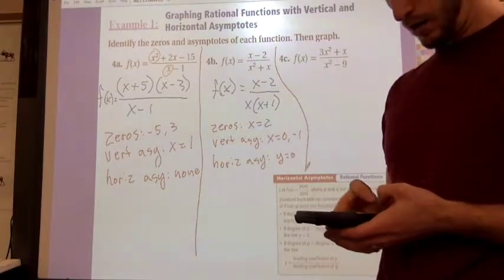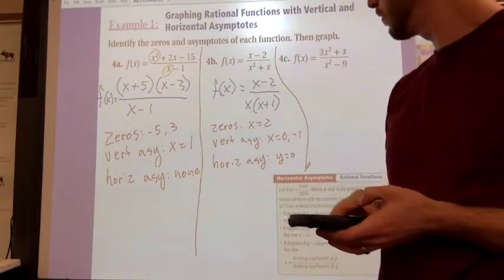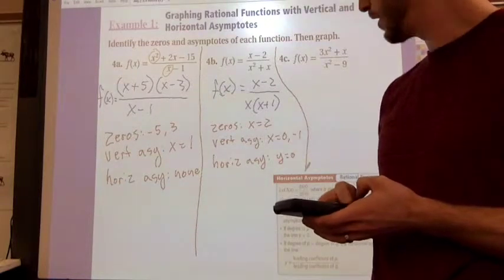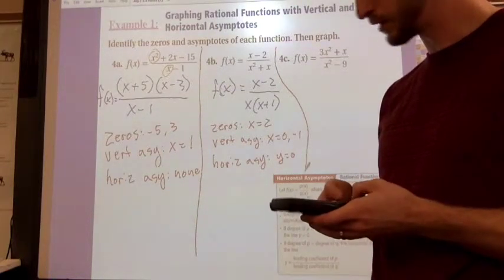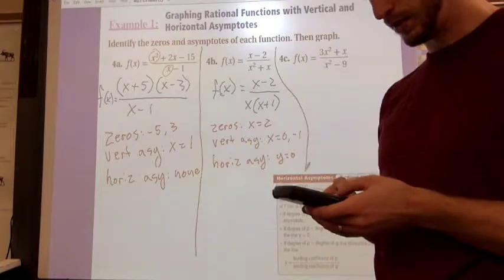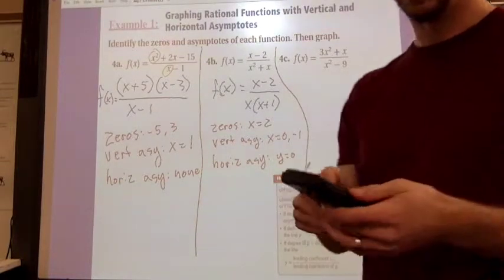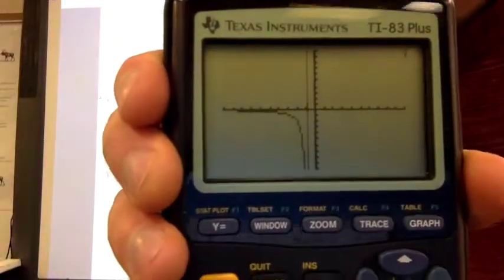We've got x minus 2 divided by x squared plus x. Alrighty, let's see what it does.